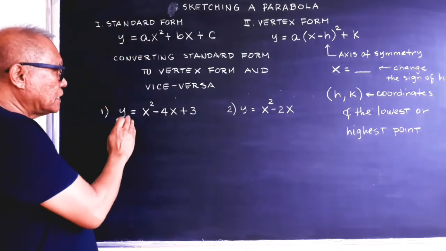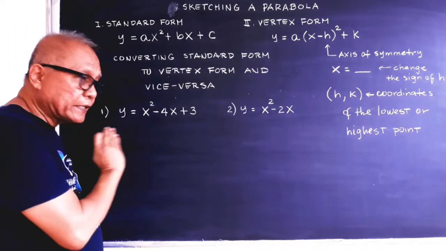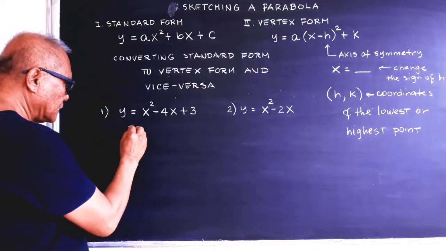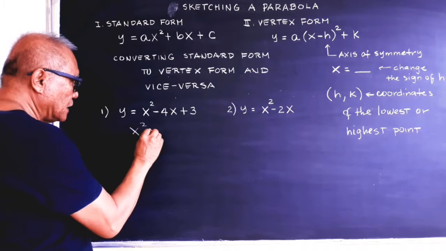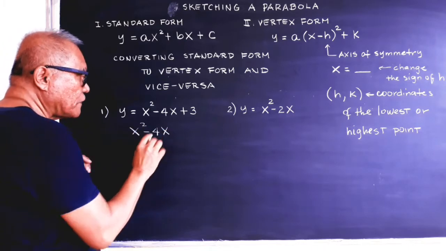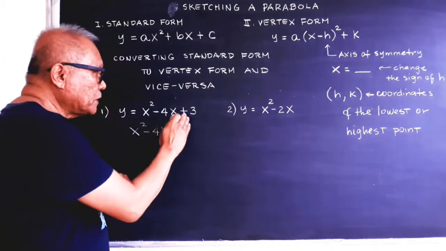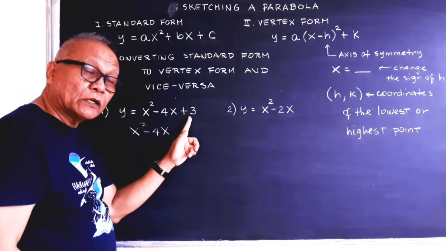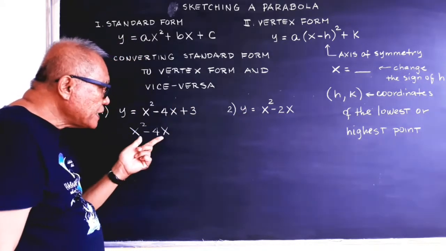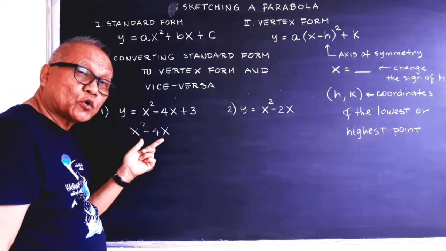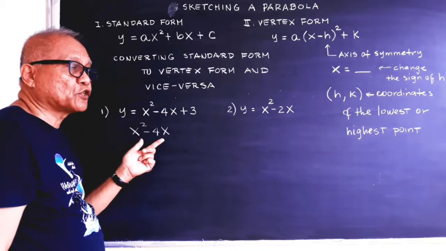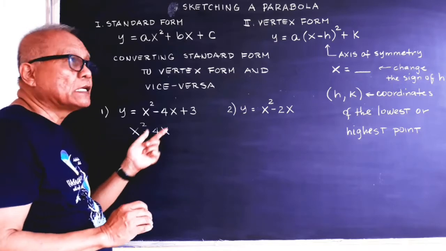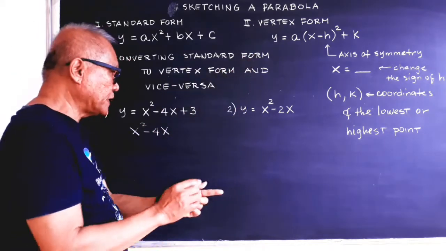So first we just remove the y. We have x squared minus 4x, and we are going to move the positive 3 a little bit to the right, because we are going to make this one a perfect square trinomial, so we can factor it as the square of a binomial.